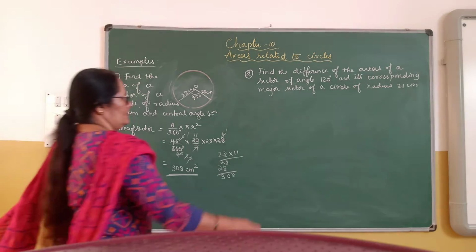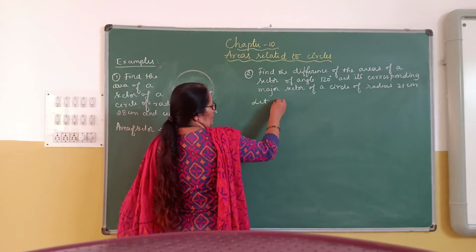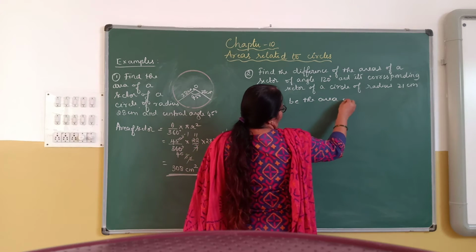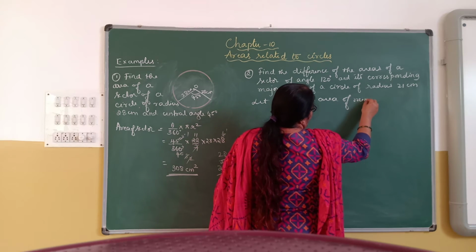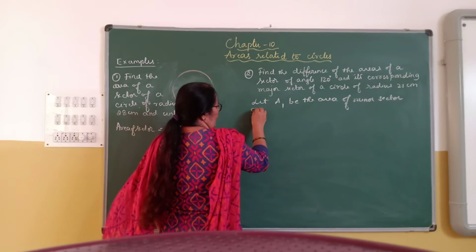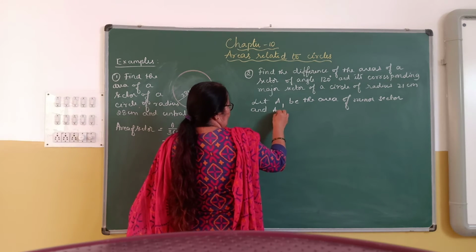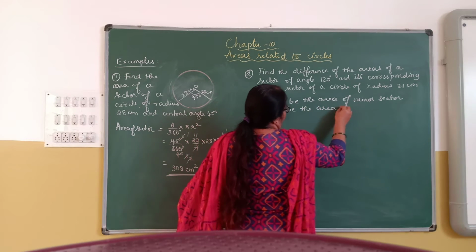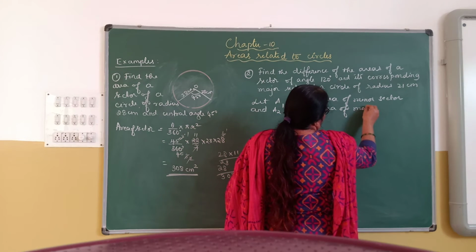Now, let A1 be the area of the minor sector, and A2 be the area of the major sector.